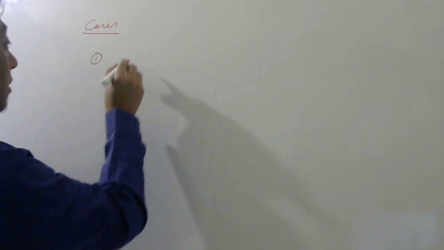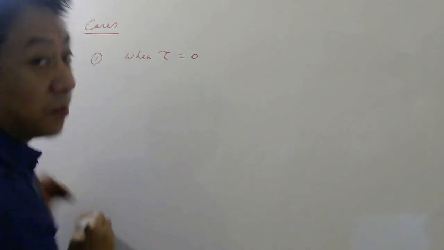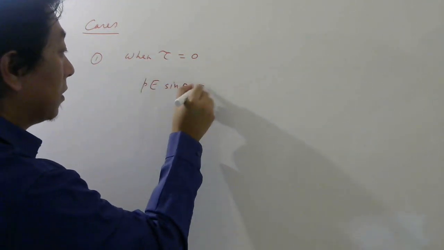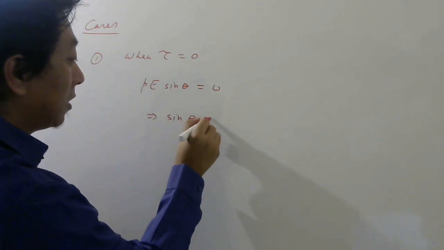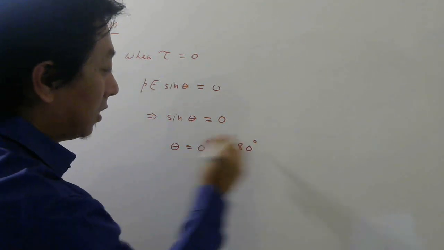So first case is when torque is 0 on the dipole. What was the formula for torque? PE sine theta. So if this product is 0, this implies sine theta should be 0. That means theta should be either 0 degree or we can say 180 degree.